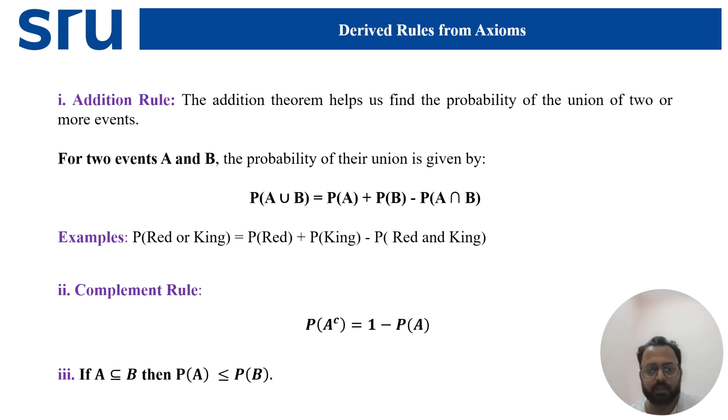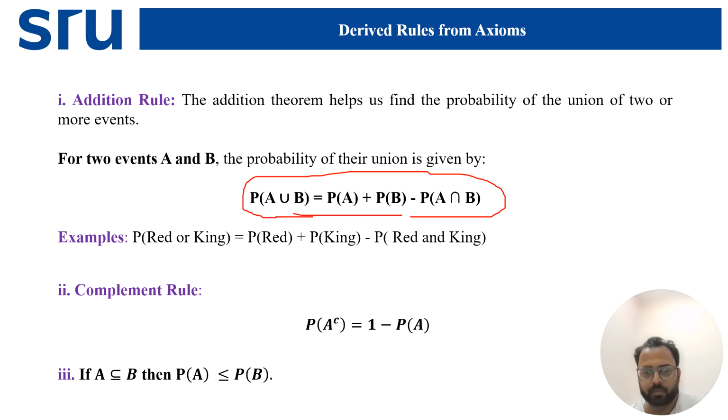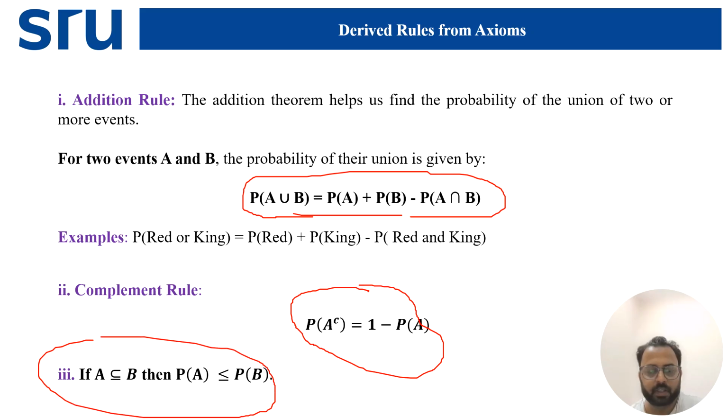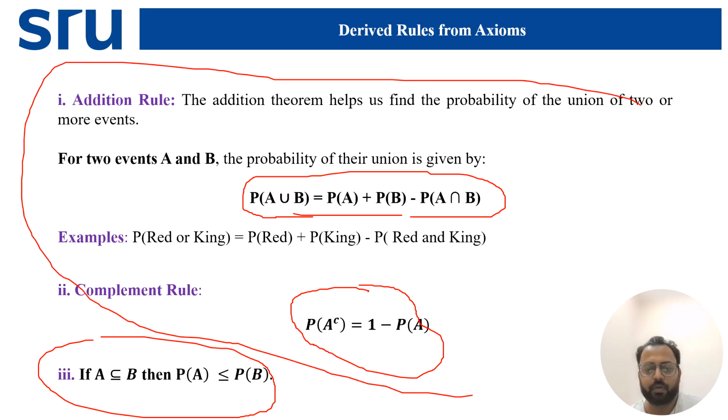Suppose two events A and B, then the probability of A union B is probability of A plus probability of B minus probability of A intersection B. This is the addition rule, and the probability of A complement is 1 minus probability of A. The third rule is, if A is a subset of B, then probability of A is less than or equal to probability of B. The first two rules are important; we are going to use them in the remaining problems.